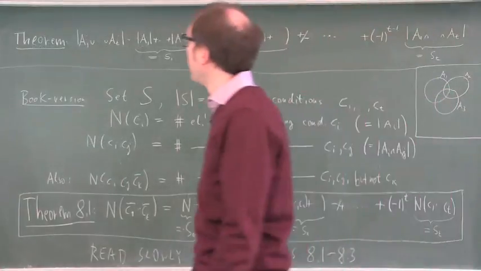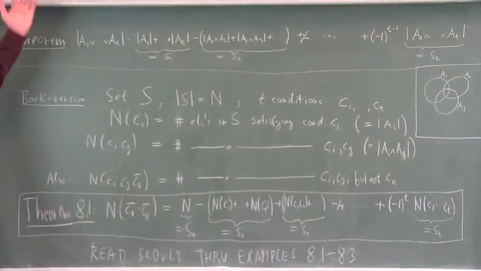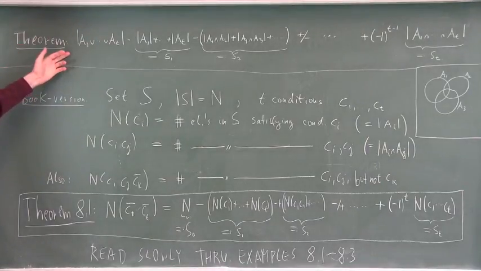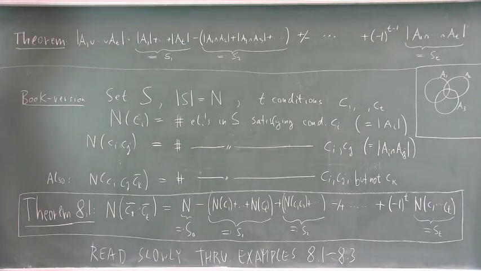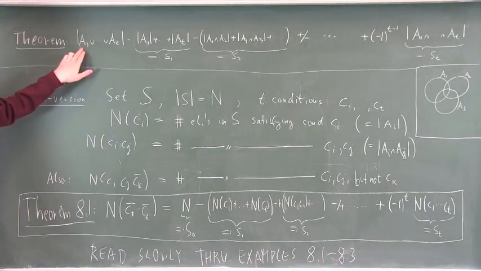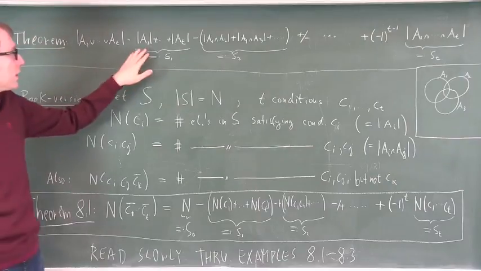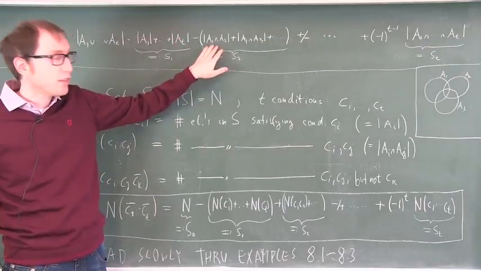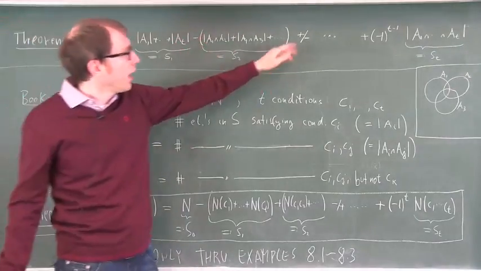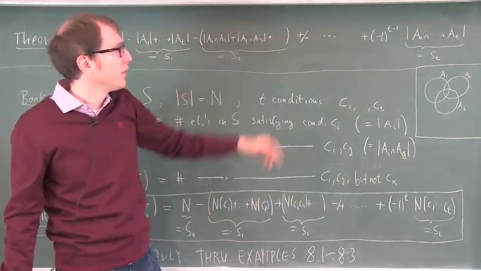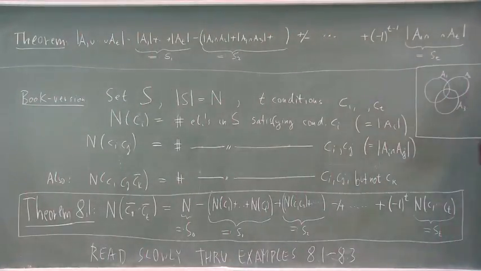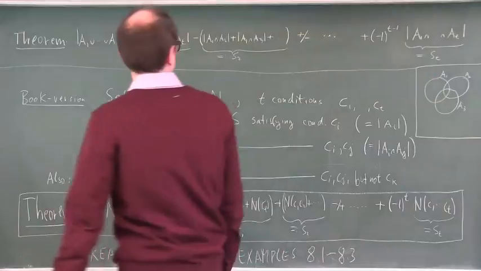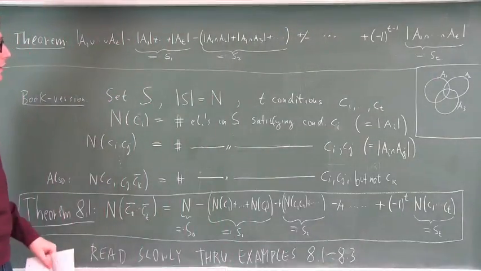Okay, so we've just seen how to count the union of 2 sets, then of 3 sets. And here's now the general formula. If you have t sets, A1 up to At, you sum the cardinalities of A1 up to At, then you subtract the sums of all the pairwise intersections, then you add up the triple intersections, and so forth, until you finally end up with the intersection of all of the sets.